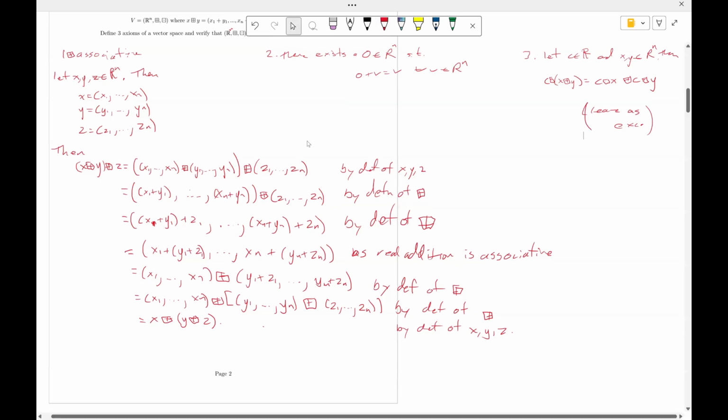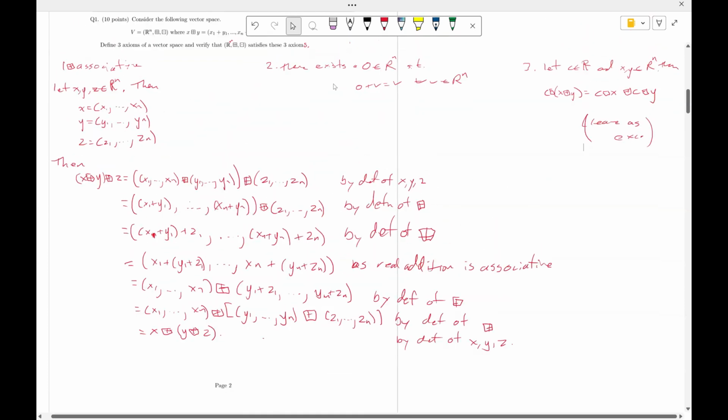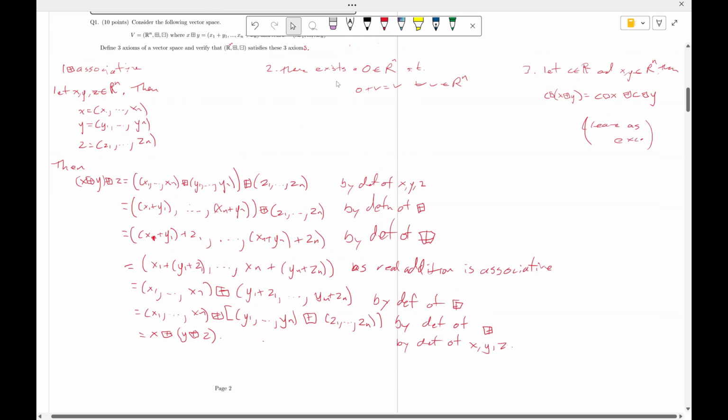Now, question 2 says there exists. Now, this is fundamentally different. Instead of us showing that the left side equals right side, what we're going to do is consider an object and prove that it has the property we want it to have.